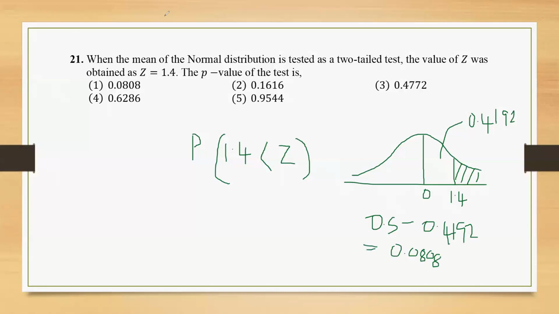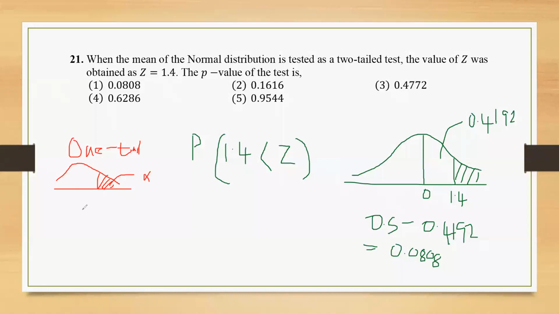But this is not the p-value in this case. Why? This is very important. When you are doing a one-tail test, you allocate the entire alpha to one side.